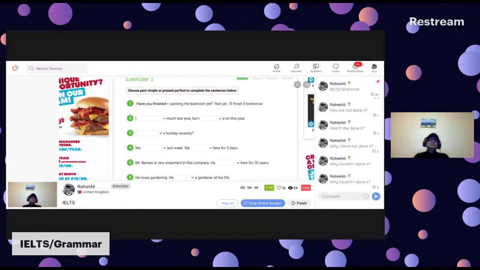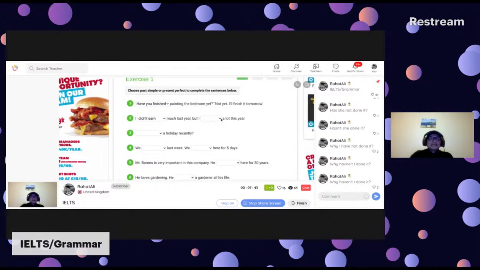Look at the signal word last year. If you remember, the rule is that if there is last year, last week, last month, last decade, last century, that is simply past tense or past indefinite. So it should be I didn't earn much last year, not I haven't earned. Okay, so it should be this one, the correct form.